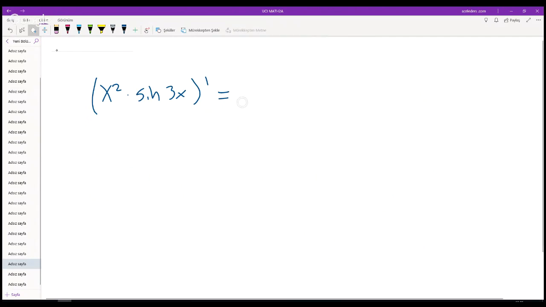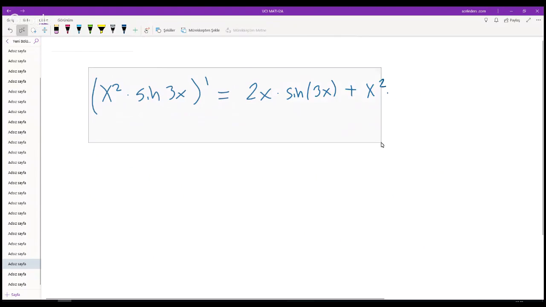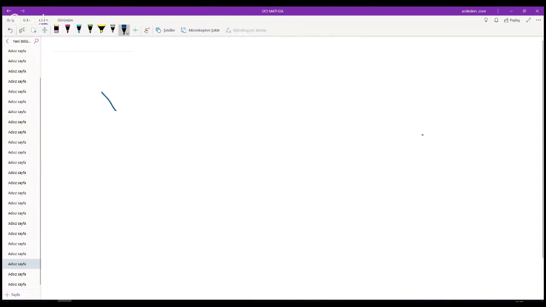First, the derivative of x squared, which is 2x, times sine cubed x, plus x squared times the derivative of sine cubed x.